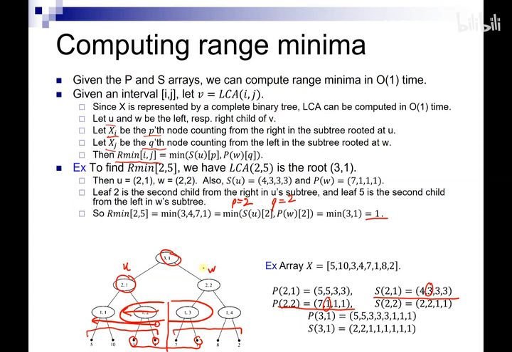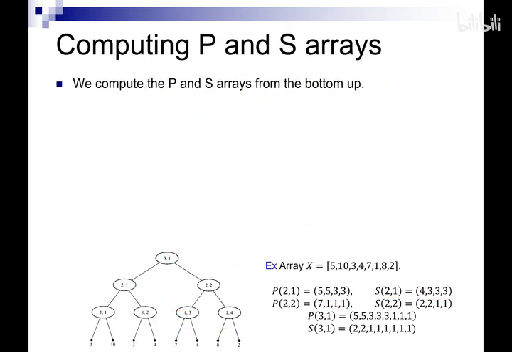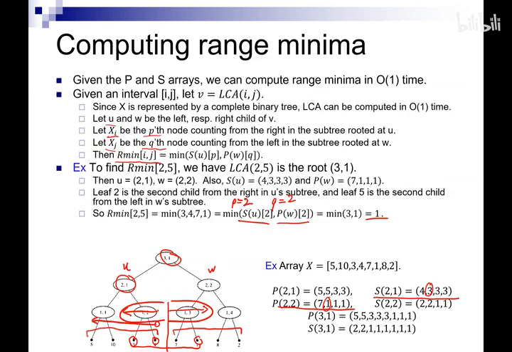That's just going to be equal to this S_U of 2. Then on the right side, going to the right, you ask what is the minimum value I can encounter, and that is going to be P_W of 2. The minimum of these two is the minimum in this entire interval from 3 to 1. So that's how we do it and why this is correct.